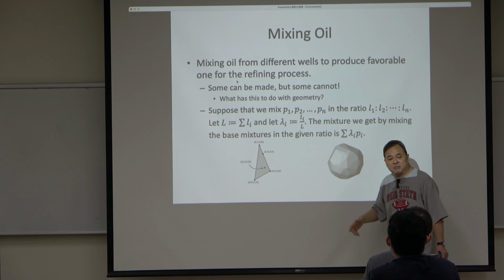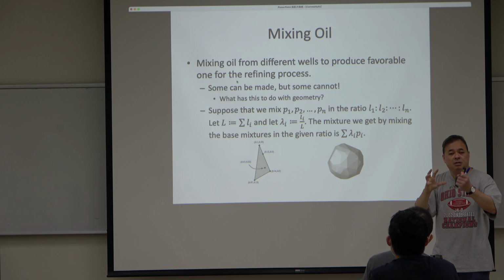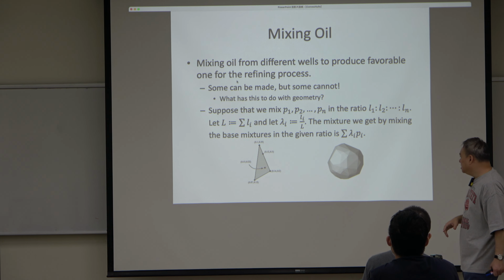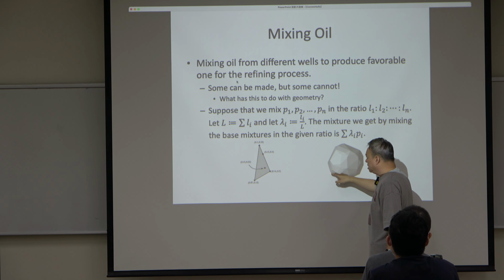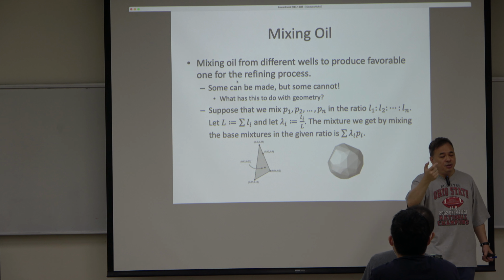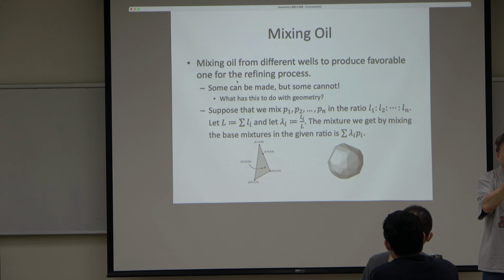This is actually a polytope, the three-dimensional convex hull. In English we call it a convex polytope, and each vertex represents one source. Because this is three-dimensional, we are assuming each source contains three different types of material in different percentages.